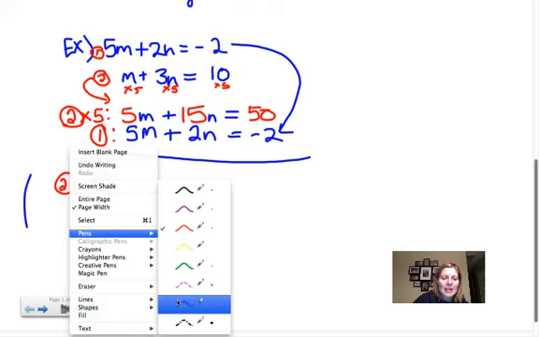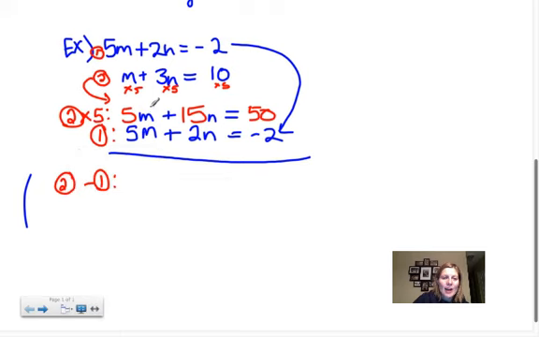And what that's going to give me as an answer is 5m minus 5m is going to eliminate my m's. 15n minus 2n is going to give me 13n. And 50 minus -2, watch that double negative there, is going to give me 52.